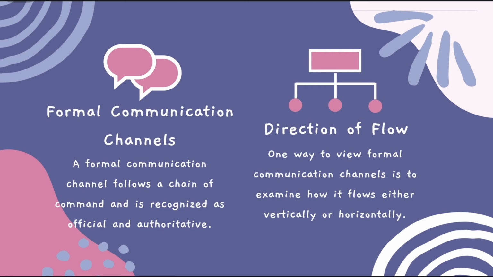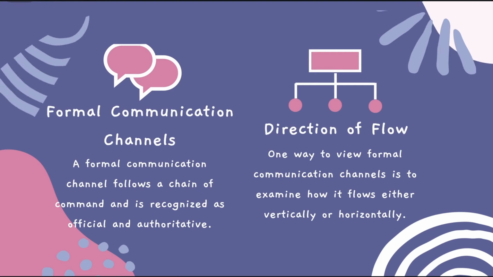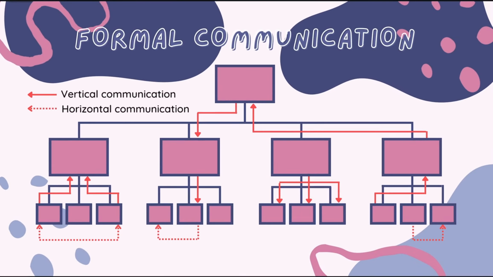Direction of flow. One way to view formal communication channels is to examine how they flow either vertically or horizontally. This is an example of formal communication. There are 4 ways how that communication works. The straight line shows vertical communication, while the dashed line shows horizontal communication.